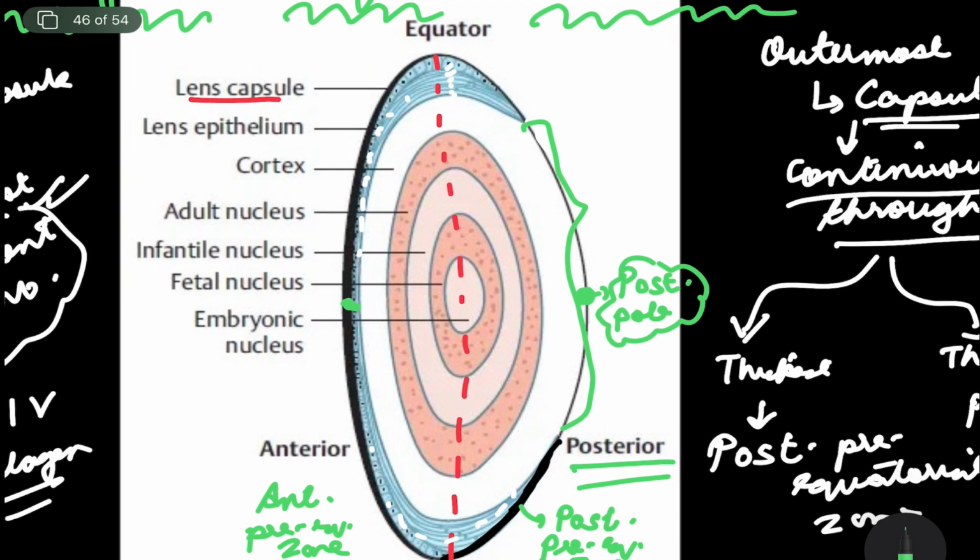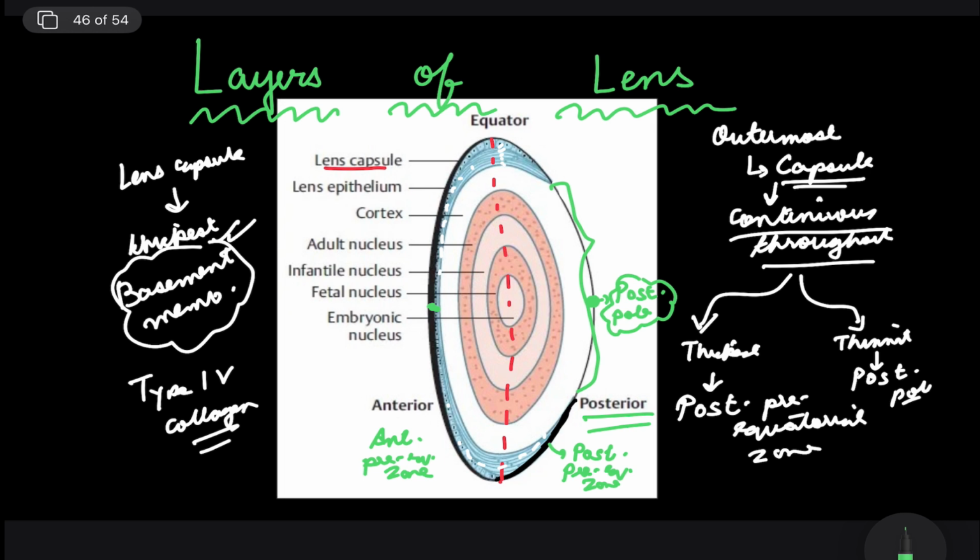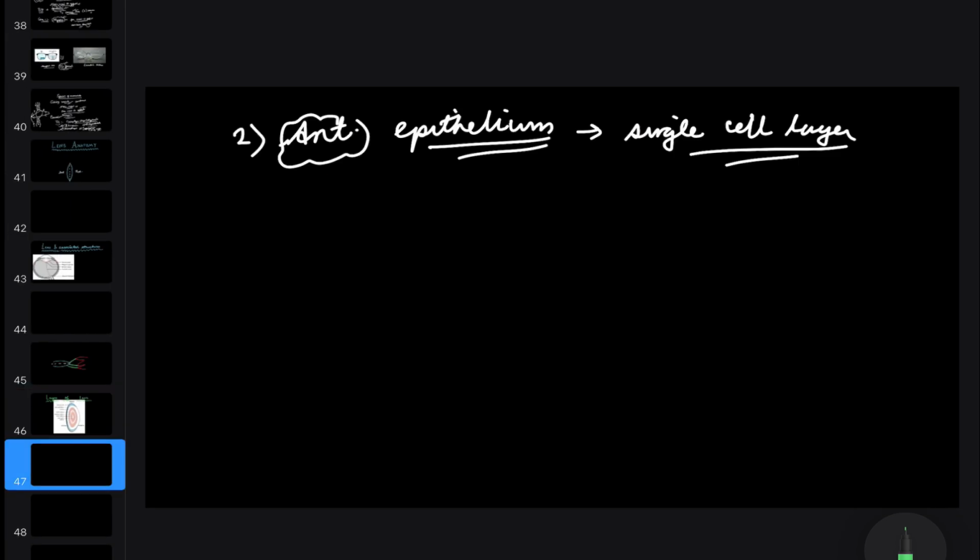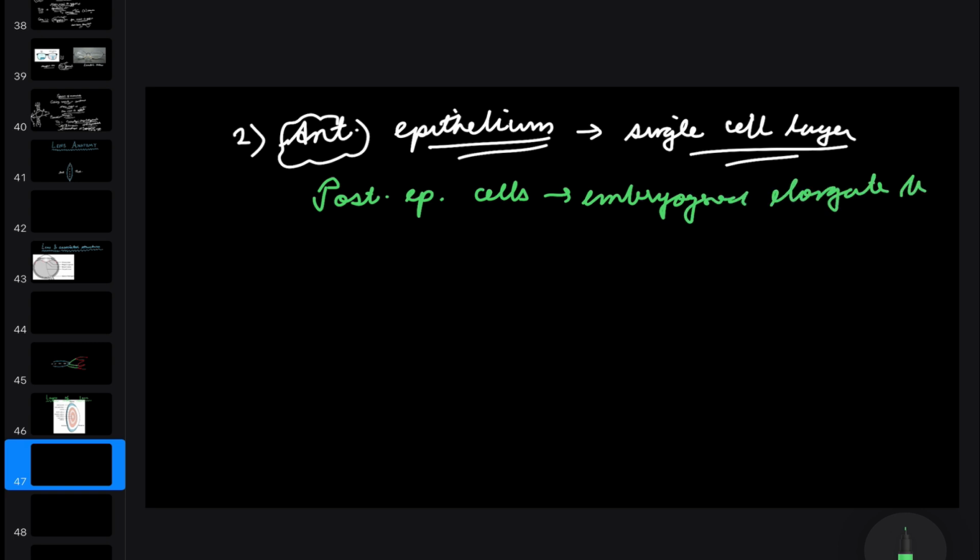During embryogenesis, the posterior epithelial cells elongate to form the primary lens fibers. So they form another part of the lens and do not remain as epithelial cells. Only the anterior epithelial cells remain.